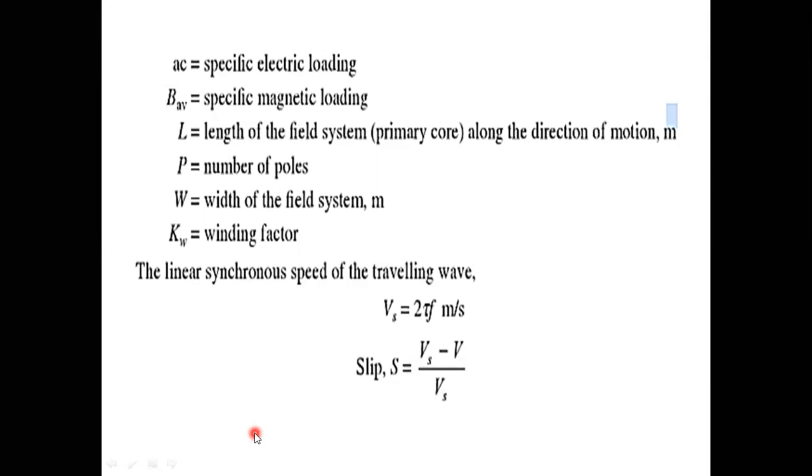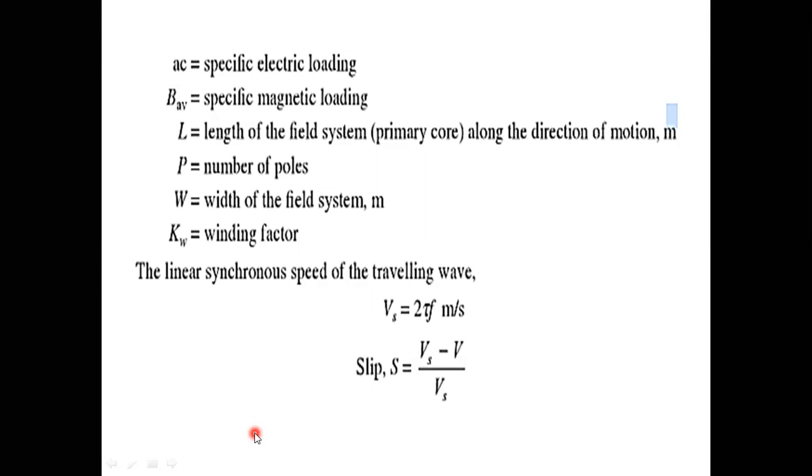Here is the linear synchronous speed of the traveling wave. Within the air gap of the primary and the secondary of the linear induction motor, a magnetic field is produced, but not in a rotating form; it is in a linear form.